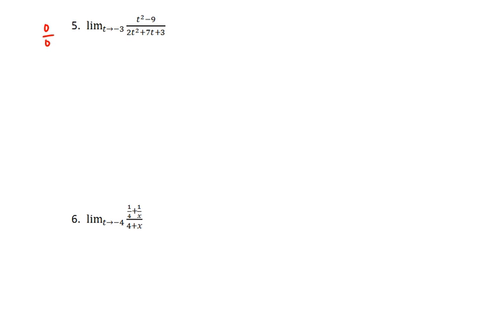We try to factor. The numerator factors easily to t plus 3 times t minus 3, and that's all divided by, since 2 is a prime number, we know that we have to start off with 2t and t. Now 3 is also a prime number, so I'm either going to have 2t plus 1 times t plus 3, or the 1 and the 3 will be reversed.